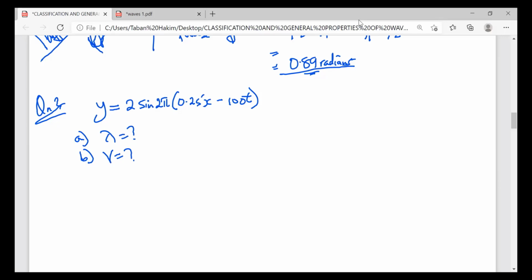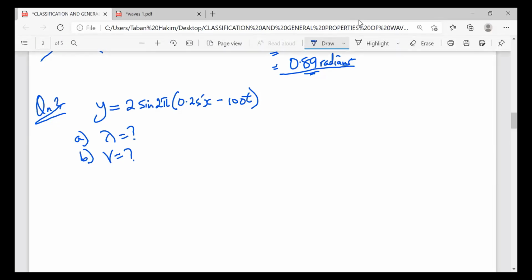Well, I feel like it's reversed. If you relate it to the first equation, y is equal to A, shouldn't the A be this side and the 100 on this side?